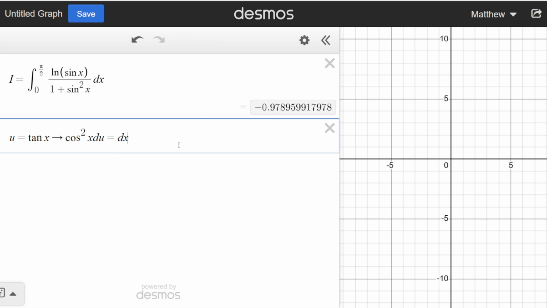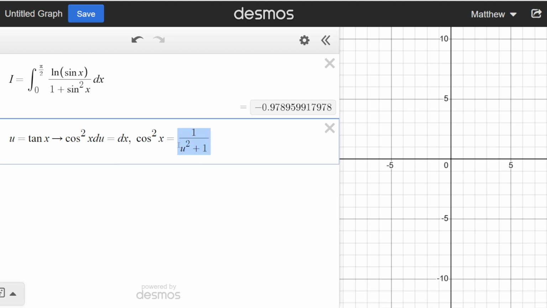So using the cosine identity, adjacent over hypotenuse, that gives us that cosine of x is equal to 1 over the square root of u squared plus 1. And if we square both sides, we get that cosine squared x is 1 over u squared plus 1. So we'll copy this here, and there is our dx in terms of u and du.